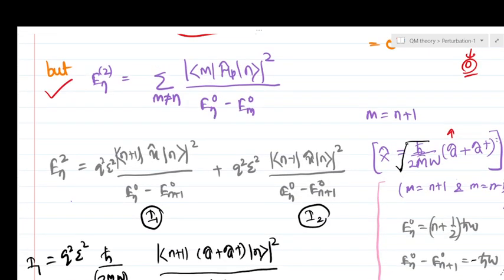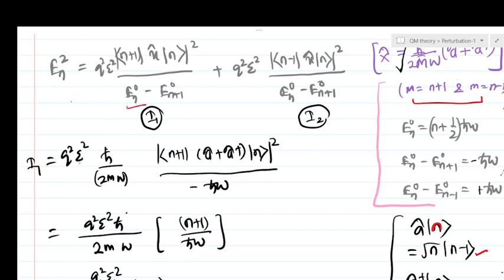Okay, so put x cap here. I am separating it into two terms because m can be n plus 1 or n minus 1. I am taking both terms, so I am separating it into two terms. Then I1 is this term. If you put the value of x cap, then the thing will be this, and another thing, En0 minus En minus 1 0, will take the value minus h bar omega.